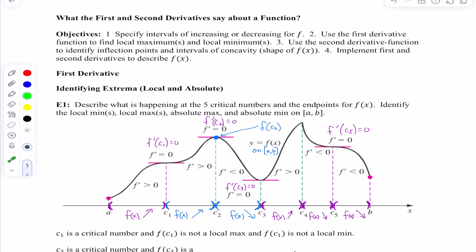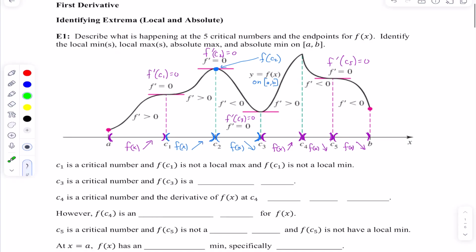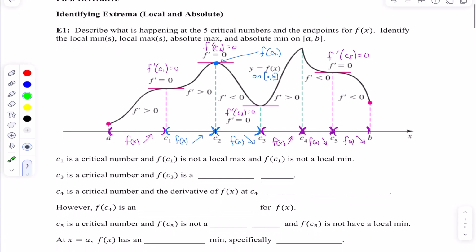Now, our first example is a picture, and a picture can sometimes represent 1,000 words. We'll focus on the first derivative for now, and primarily the first derivative is used to identify extrema, local or absolute.